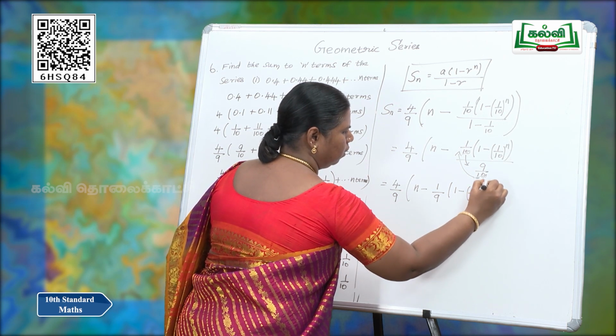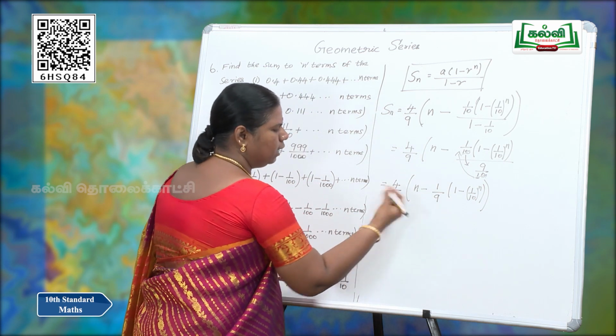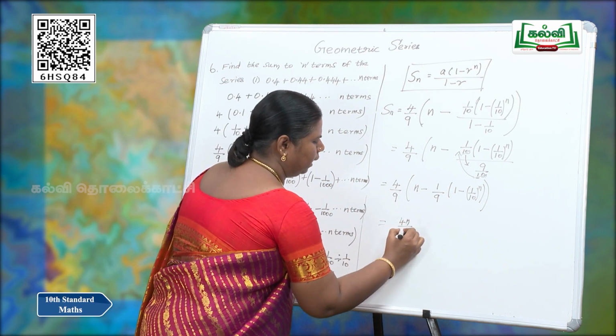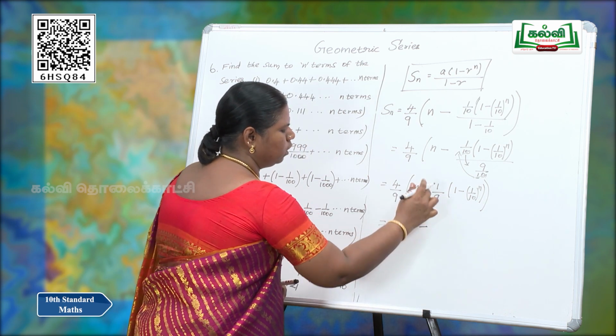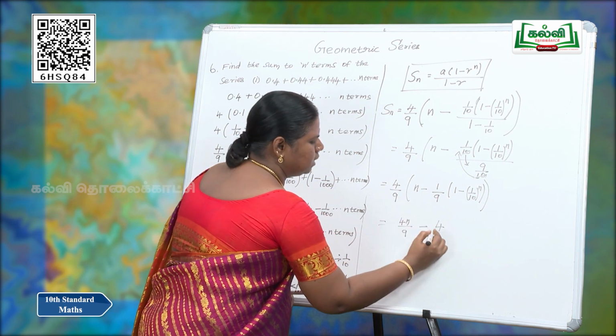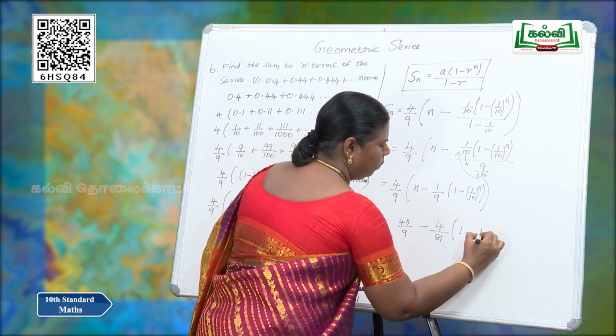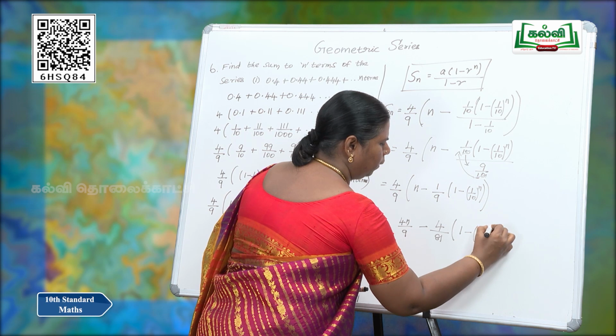n, that is it. Remove the bracket, 4 into n, 4n by 9 minus 4 ones are 4, 9 nines are 81, 1 minus 1 by 10 the whole power n.